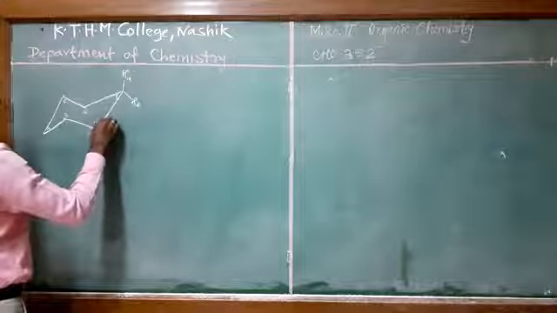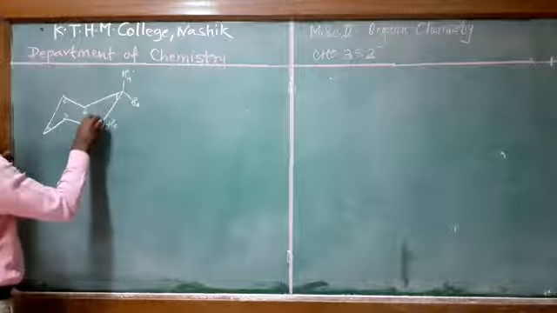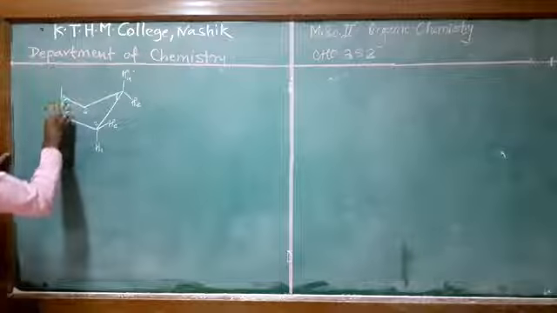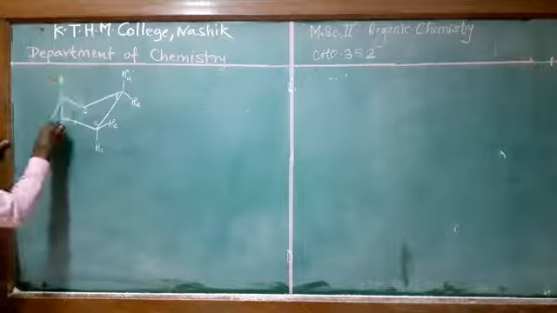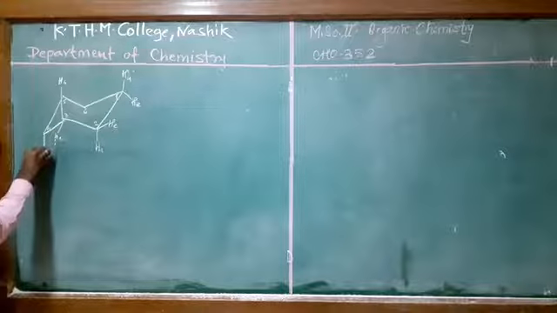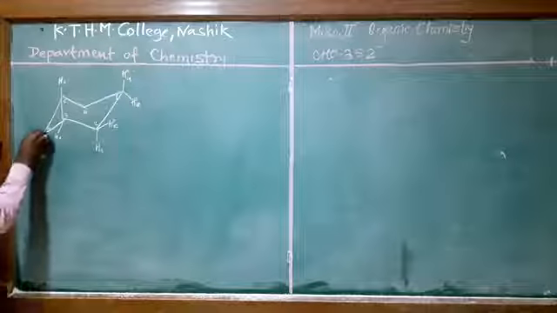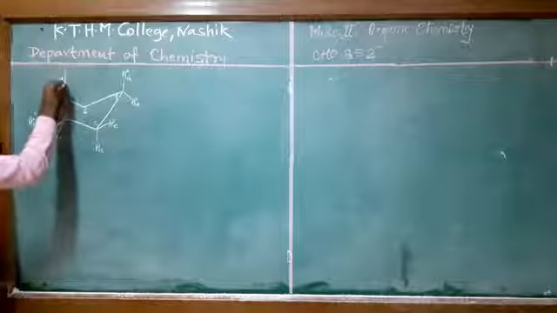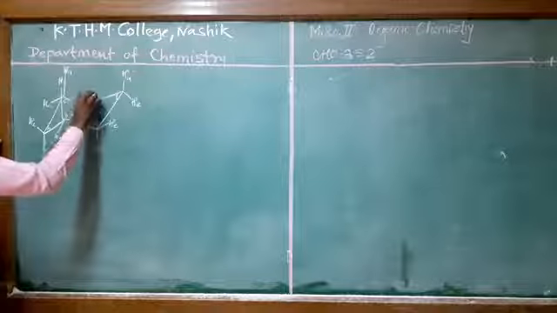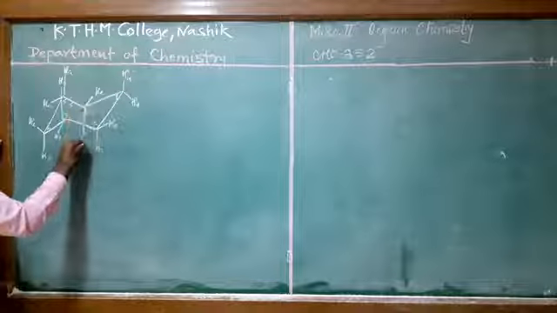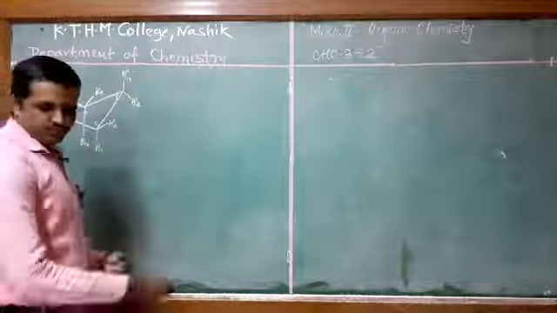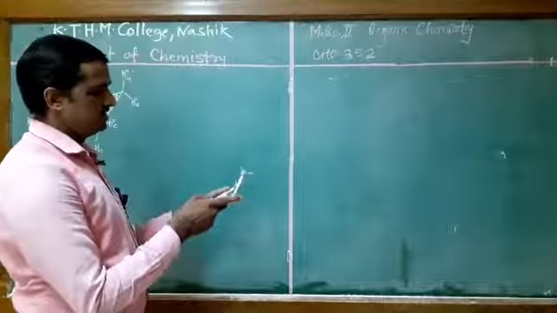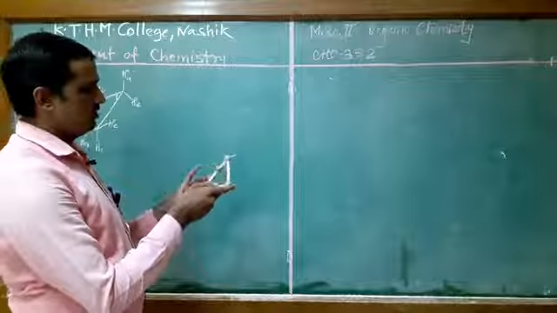First of all, I give the names, carbon number 1 up to 6 and the respective hydrogens, like this, and axial like this. So this is our chair conformation of cyclohexane.